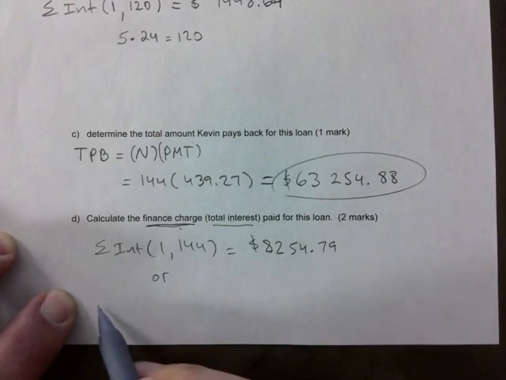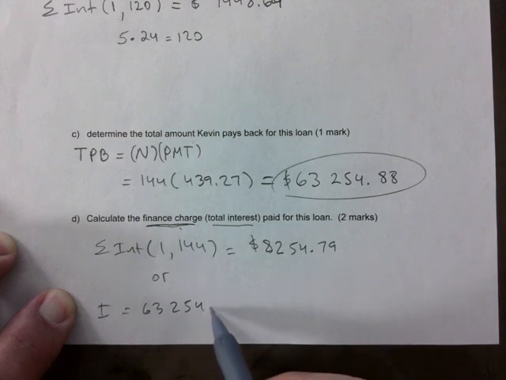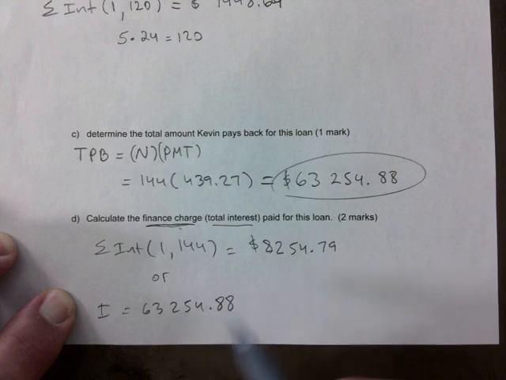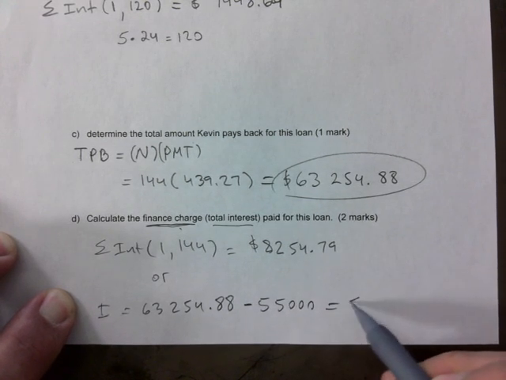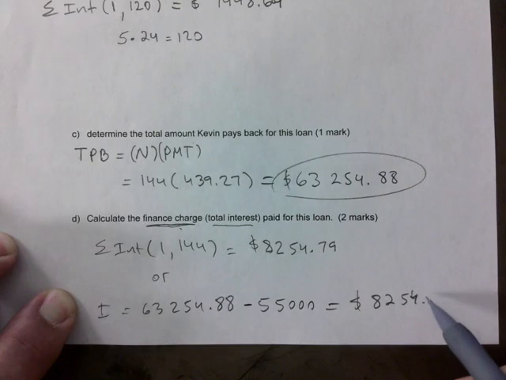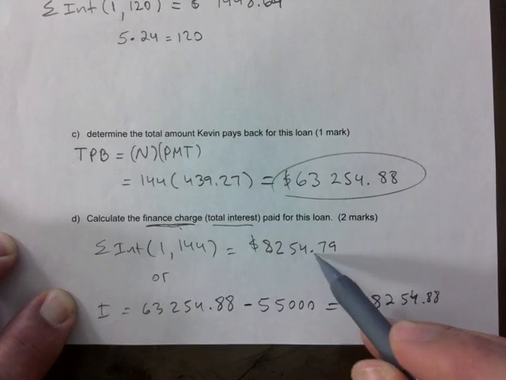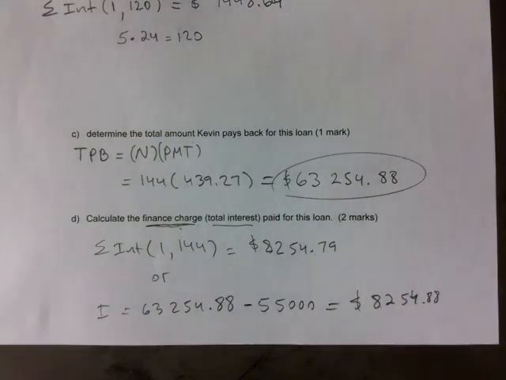Or you can just go 63,254.88, so that's N times PMT minus the amount you've borrowed. And it's slightly different, 82,54,88. Either one of these gets you the mark on that one.